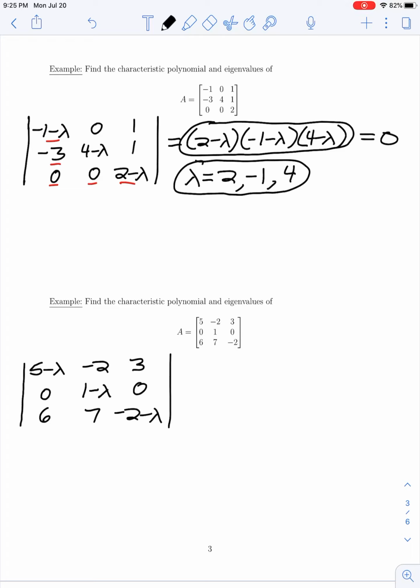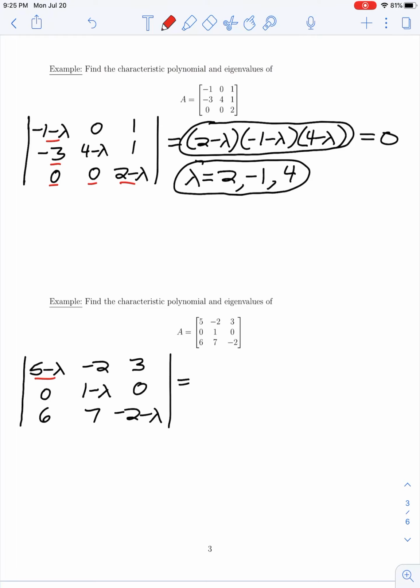So again, to evaluate the determinant of this 3 by 3 matrix, to make this a little easier, we might use a cofactor expansion across the second row, since it contains mostly 0 entries. And let's see what the sign of our term would be.